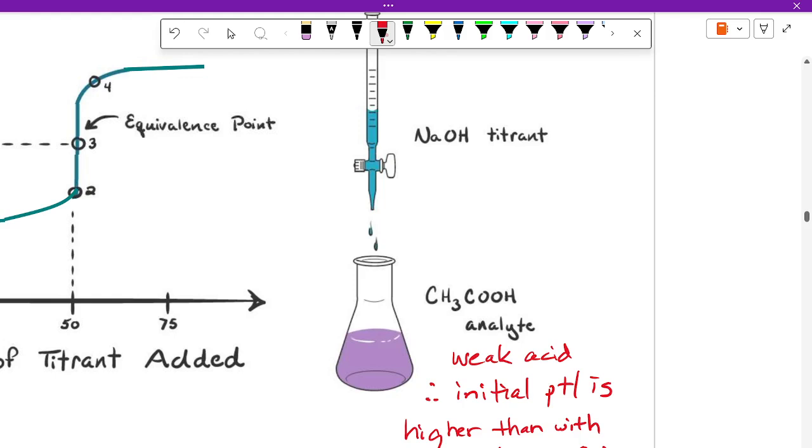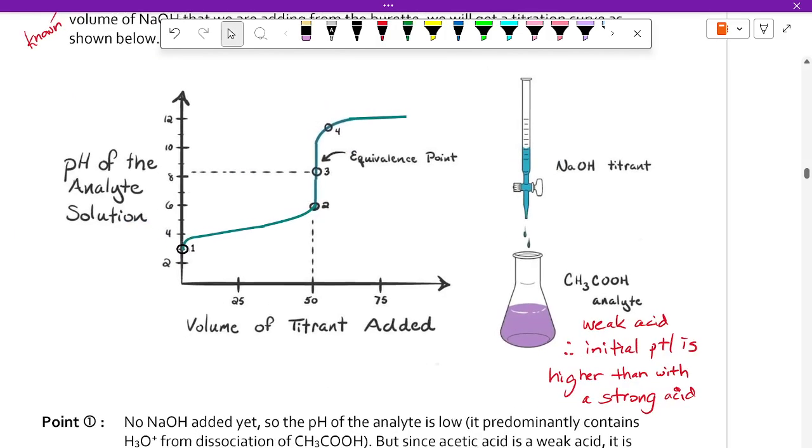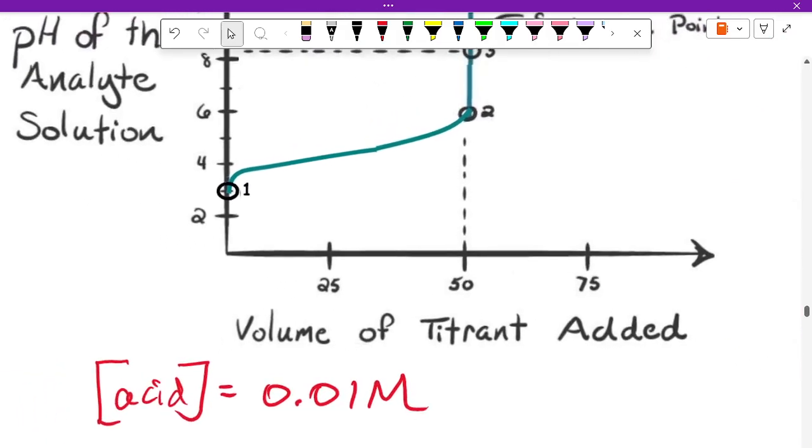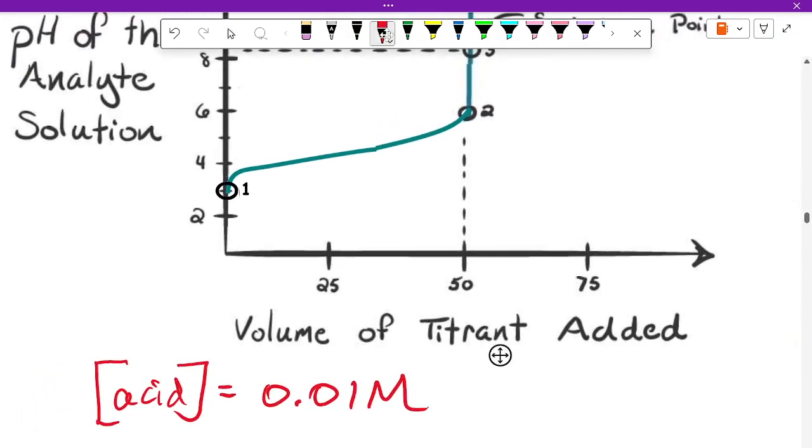So if you are presented with a curve and you are told that you have, say, 0.1 molar, or sorry, actually say you have 0.01 molar, if you're told that the concentration of the acid is 0.1 molar and you're looking at this graph, you should be able to, from the initial pH, say, this is not a strong acid.